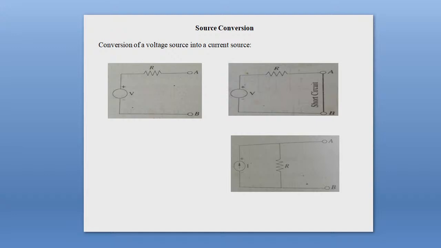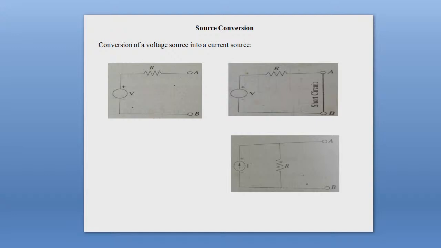So first you need to calculate the voltage across the resistance R. If we consider the equivalent current source which we have got from the voltage source, and we want to convert this current source into the original voltage source, what you will do, your first step is to calculate the voltage across the open terminals A and B, which is nothing but the voltage drop across the resistance R. So you know the voltage drop across resistance R is equal to the product of current I and the resistance value R. After getting the voltage V equal to IR, you can design the voltage source by connecting this resistance R in series with the voltage source.